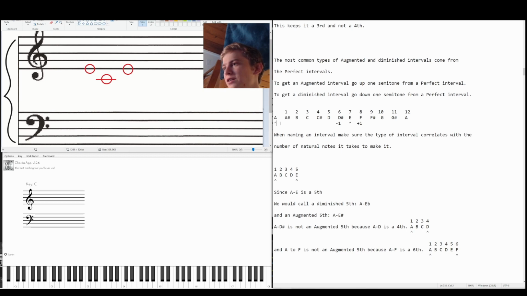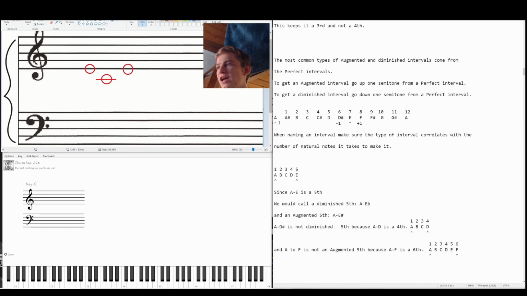We're just thinking A, B, C, D, E, but we're looking at the semitones, so it's on that number 7. So this is going a little bit past what we're talking about now. So I have A to E, and if I wanted to create a fifth that was diminished, I would go down one. And to create a fifth that was augmented, I would go up one.